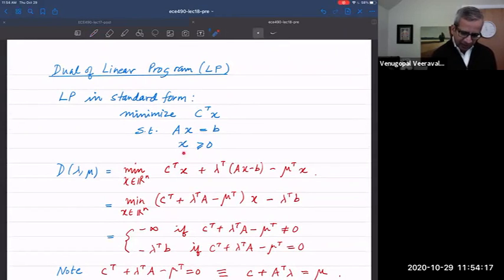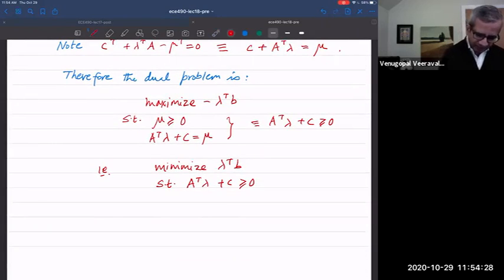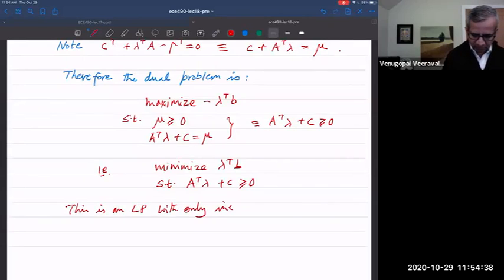This had equality constraints and inequality constraints, whereas this problem has only inequality constraints. It's also a linear programming problem, but it only has inequality constraints.